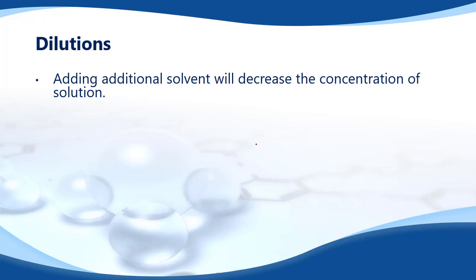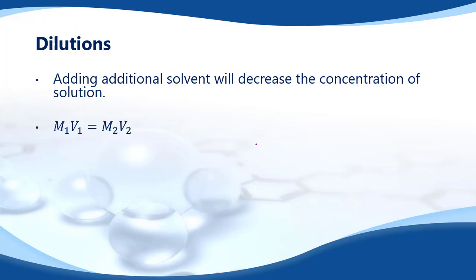So concentration and amount of solvent are inversely proportional. If we remember from our gas law unit, if two variables are inversely proportional, we multiply them, and that will be a constant. So our equation for this is going to be M1 times V1 equals M2 times V2. Molarity 1 times volume 1 equals molarity 2 times volume 2.